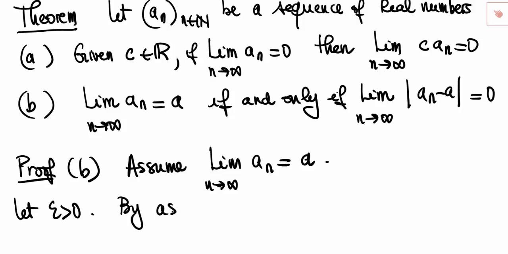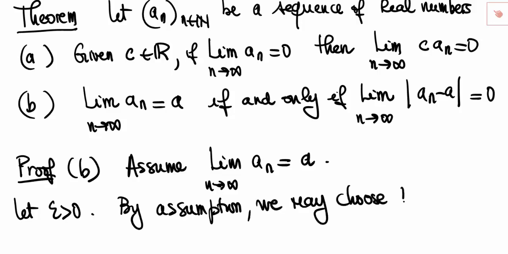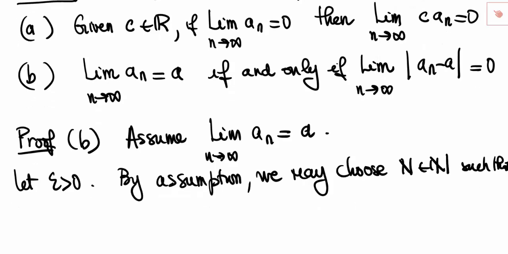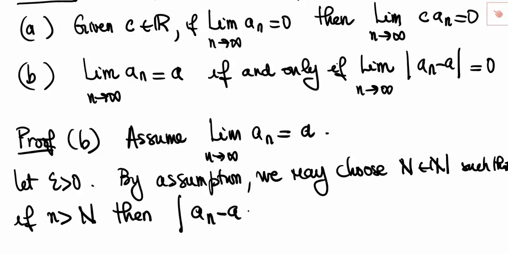By assumption, we may choose some natural number capital N such that if little n is bigger than capital N, then the distance between An and a is going to be less than epsilon.